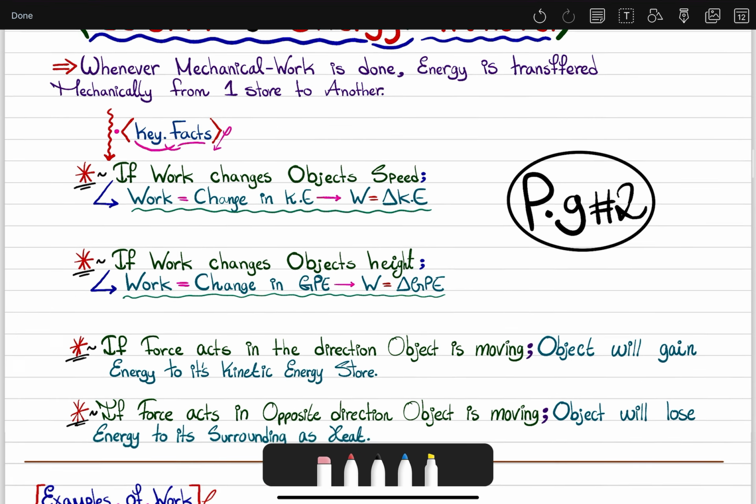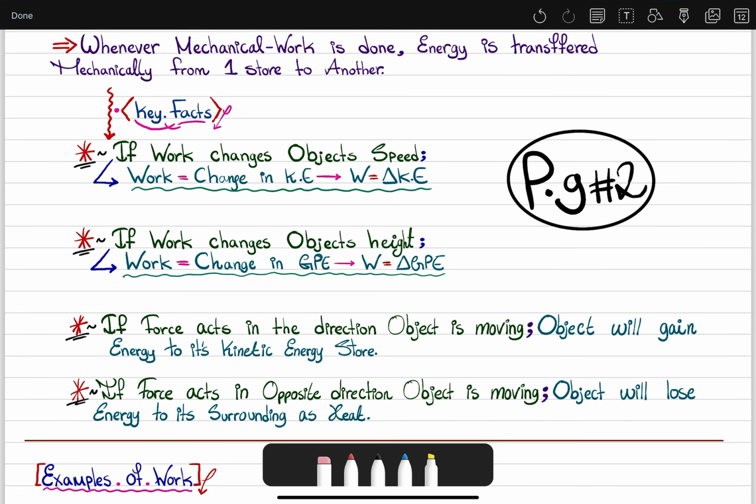There are some key facts to consider here. The first one: if work changes the speed of the object, then there's a change in kinetic energy, because kinetic energy is the energy of motion. So work is equal to change in kinetic energy. If work changes the object's height, there's a change in GPE, gravitational potential energy.